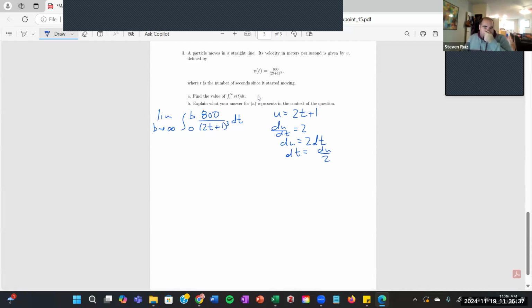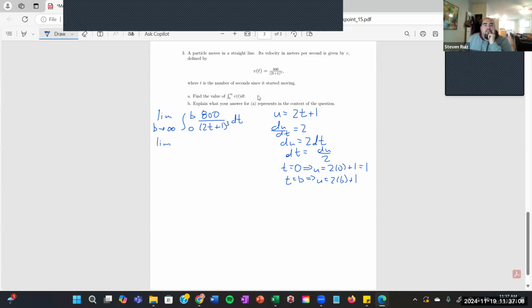All right, does that help me? Actually, let's deal with the limits too. If t equals 0, then u should be equal to 2 times 0 plus 1, or 1. And if t equals b, then u should be equal to 2b plus 1. Okay, so I think that helps me rewrite this whole integral.